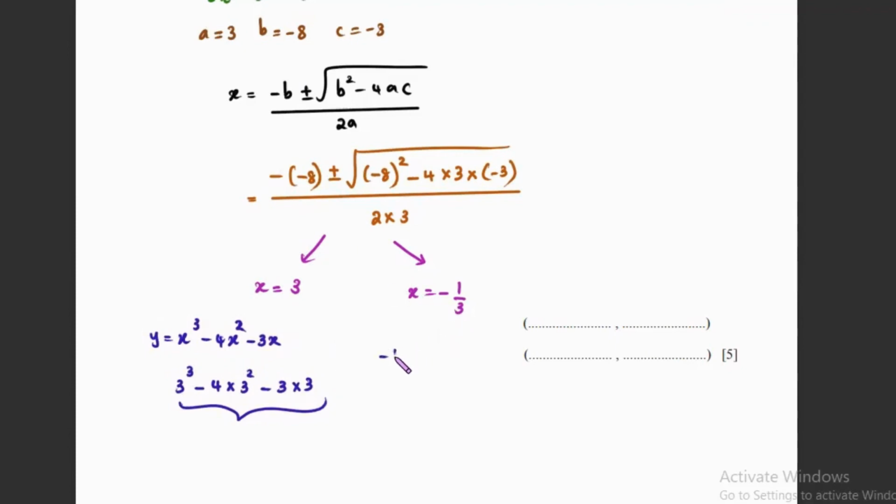So it's going to be negative 1/3 cubed, minus 4 times negative 1/3 squared, minus 3 times negative 1/3. So this is what I get.